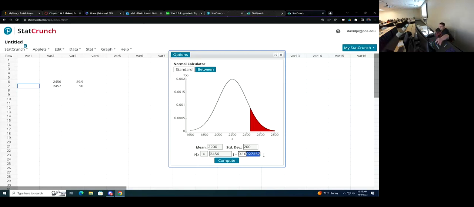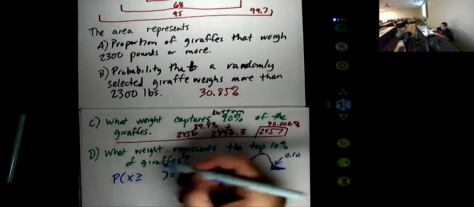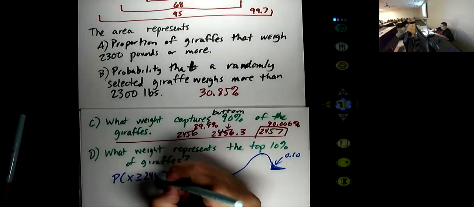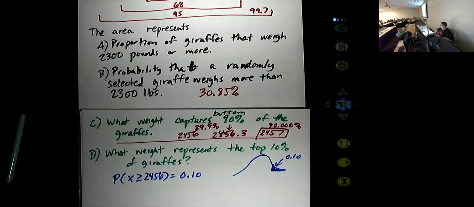So this is almost the same question. It's the same parentheses marked two different ways, but this one we want 2,456, which happens to be the correct way around. And the top question did not have the correct way around.